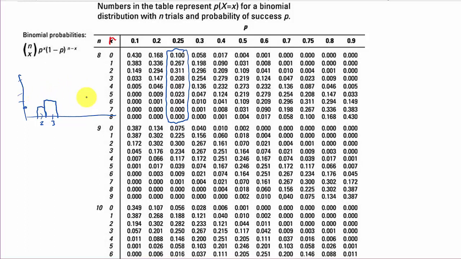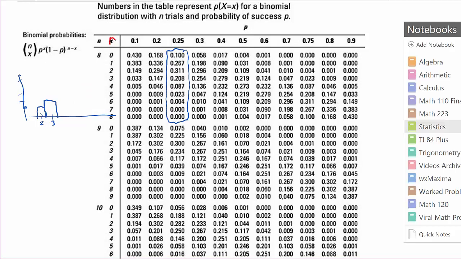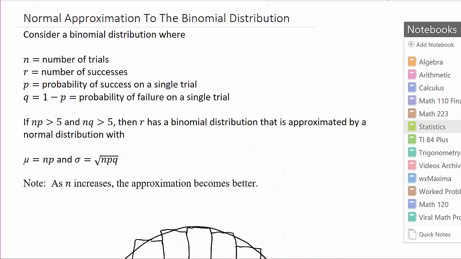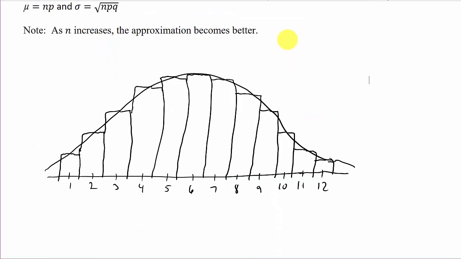So it's better when n is larger. Here's one where n is about 12. If we plot this, you can see it kind of takes on a normal distribution.